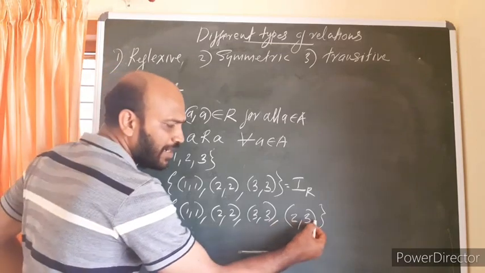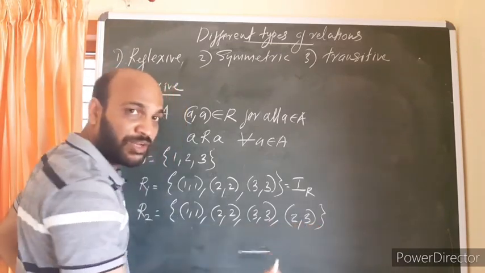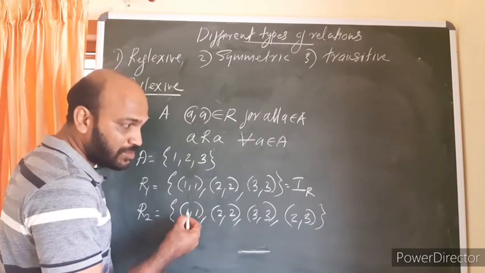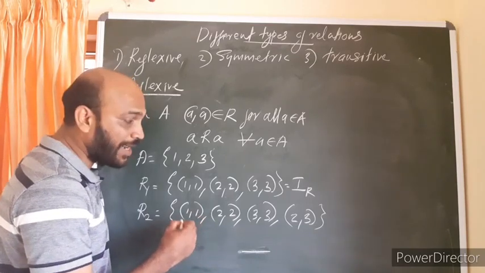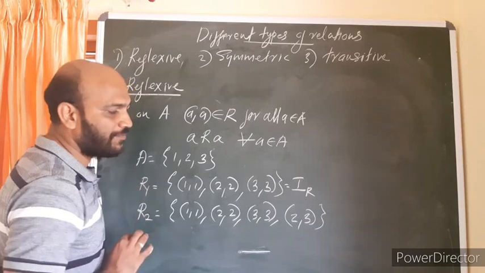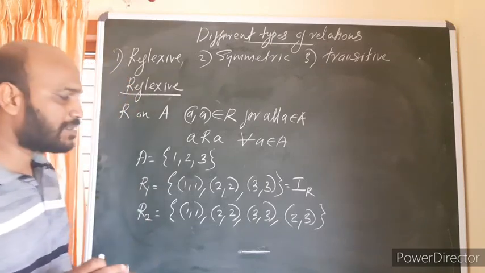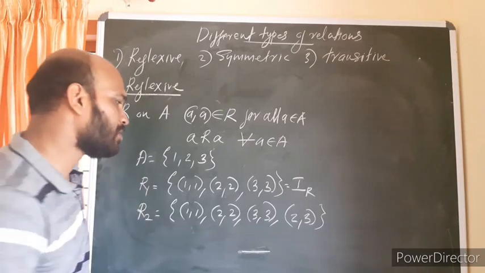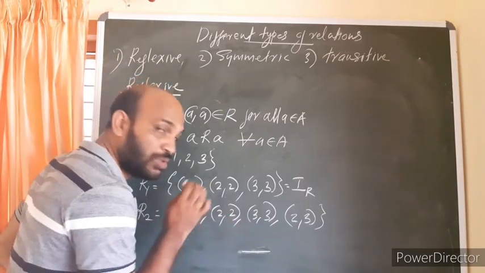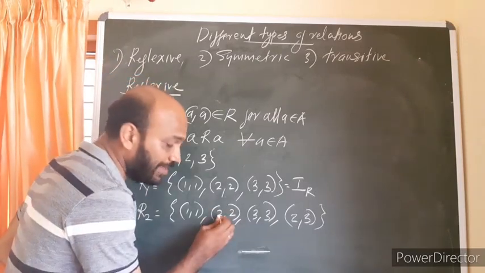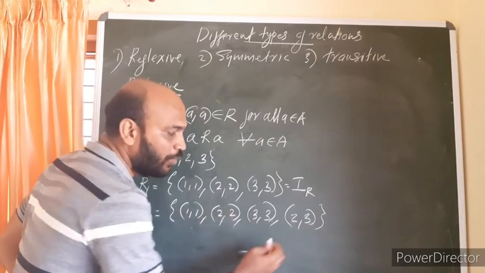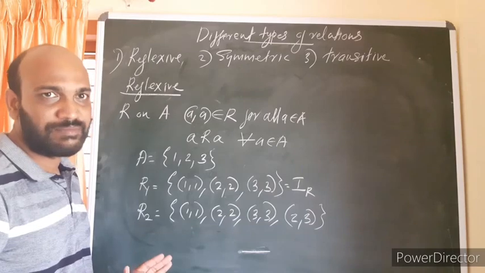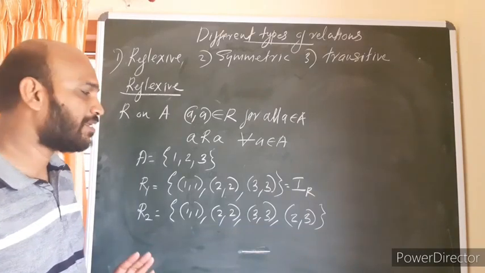There can be other elements also that we need not consider. Actually, this R2 is not an identity relation, but it is reflexive. Identity means one element should be related to that same element only. That means 2 should be related to 2 only. So here 2 is related to 2 and 2 is related to 3. So it is reflexive, but it is not an identity relation.